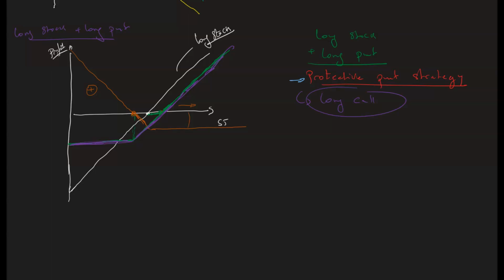Now, I'll leave the last scenario to you as an assignment and try to see if you can reconstruct, if you will, the reverse of the protective put. So for the reverse of our protective put, what do we have? In this case, we have a long stock, long put. What I want you to do is think about the profile of what you would have.